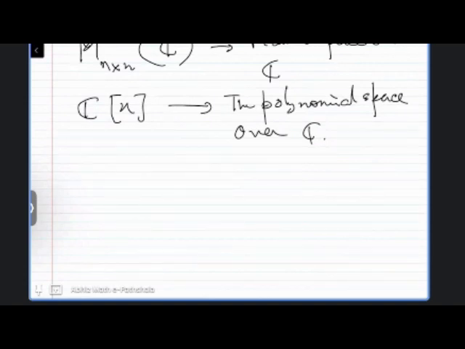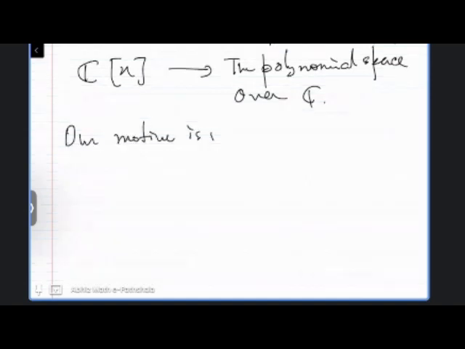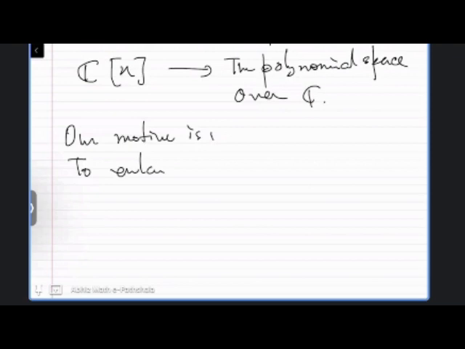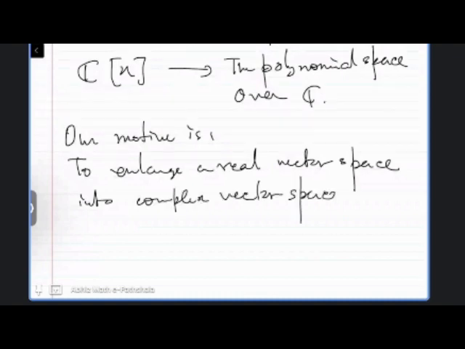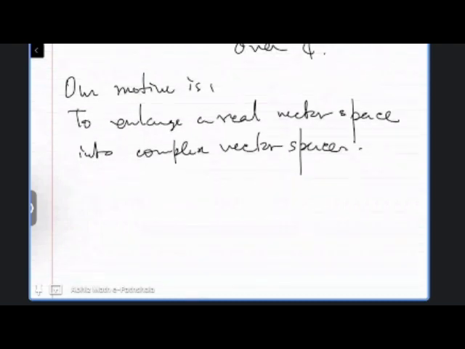Okay. So what is our motive? Our motive is that we are going to enlarge a real vector space into complex vector spaces. So I am going to enlarge it up to the complex field, right?